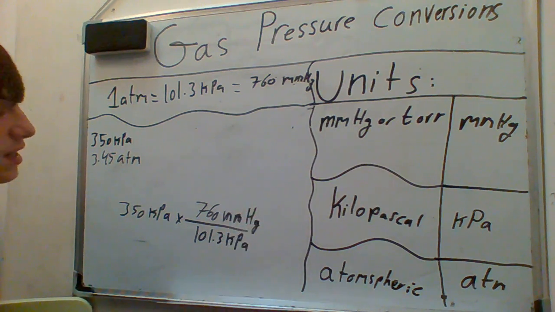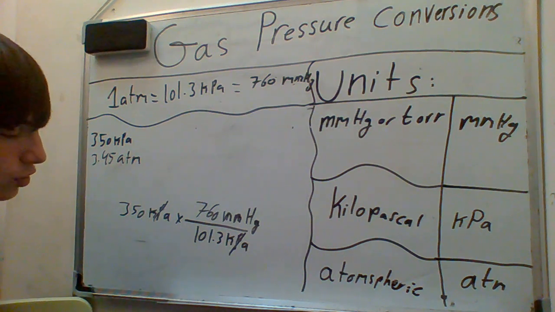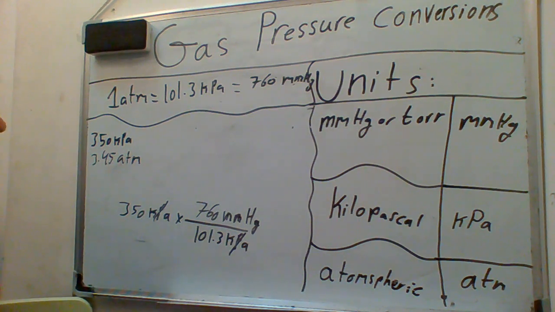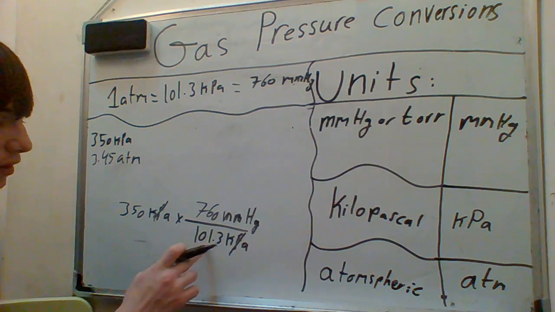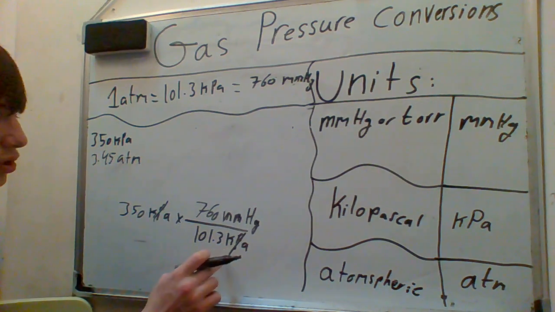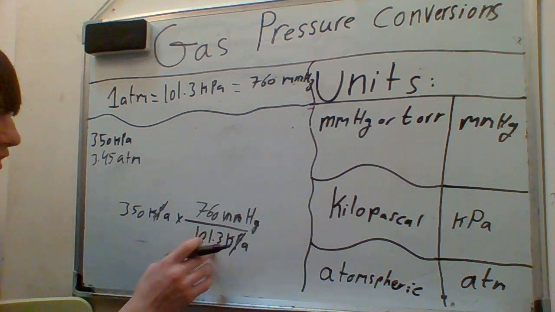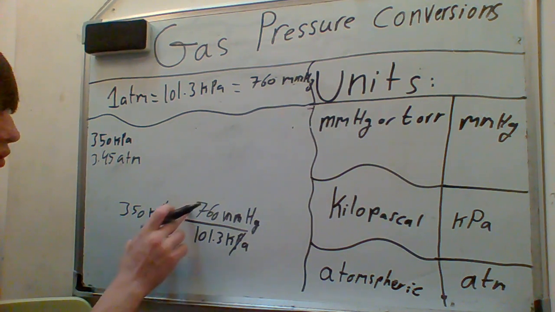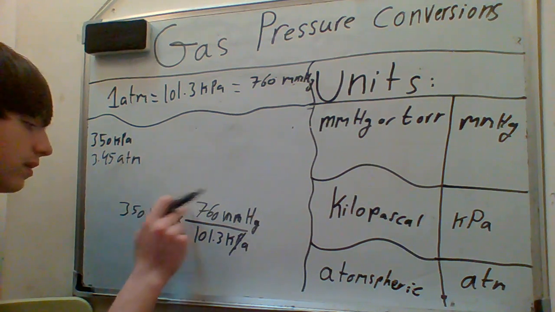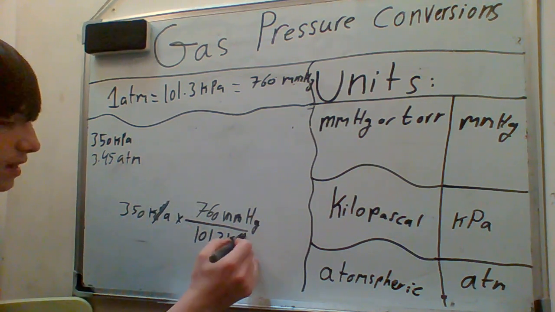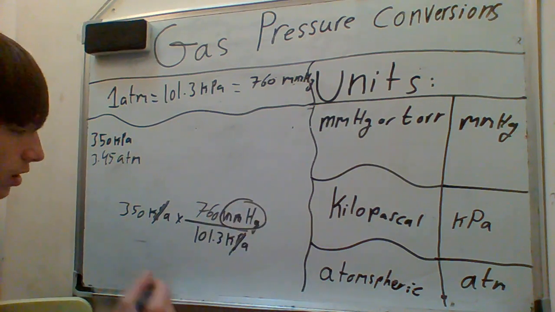Why is that? Whenever you want to convert from one unit to another, you need to know how much of one equals the other. If we have 101.3 kPa, how many millimeters of mercury will that equal? It equals 760, so we write 760 above. So kPa cancels kPa out, and we're left with mmHg, which is millimeters of mercury or torr.